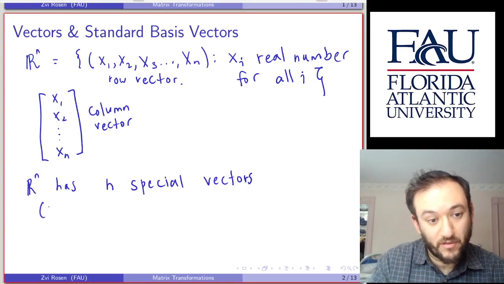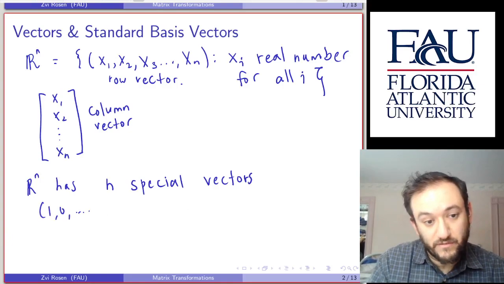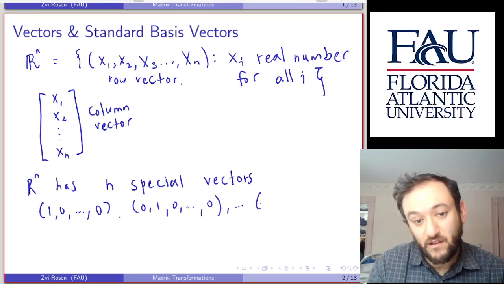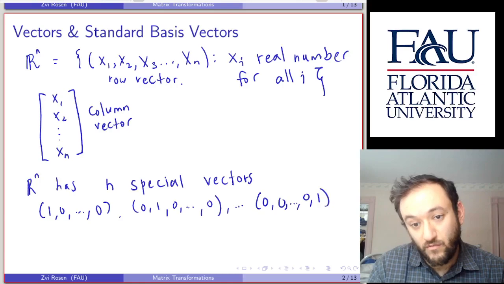So for example, 1, 0, 0, ..., 0, then 0, 1, 0, ..., 0, etc., all the way to 0, 0, 0, ..., 1.